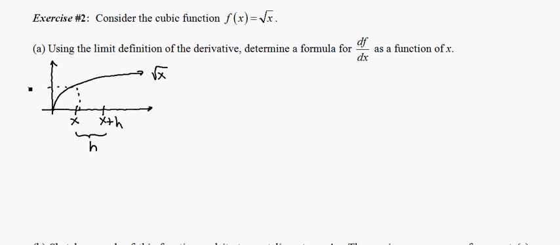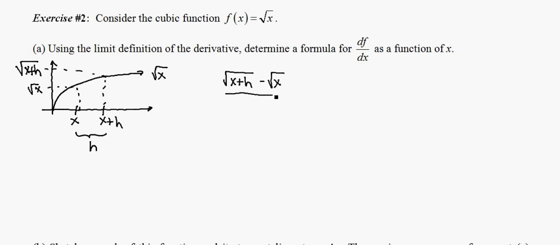Up here, this is going to be simple. This is just going to be the square root of x. And up here, this will be pretty easy. This is going to be the square root of x plus h. So the slope of the secant line that connects the two will be the square root of x plus h minus the square root of x, right?